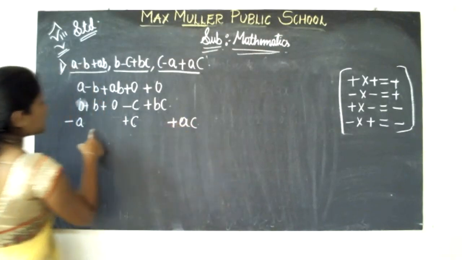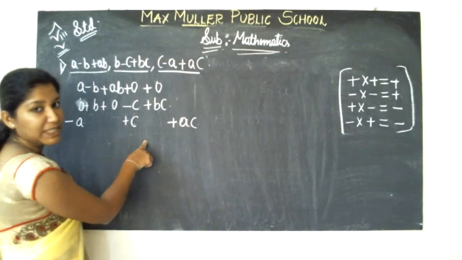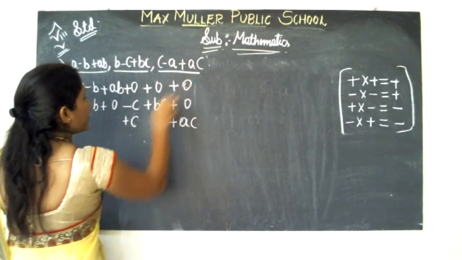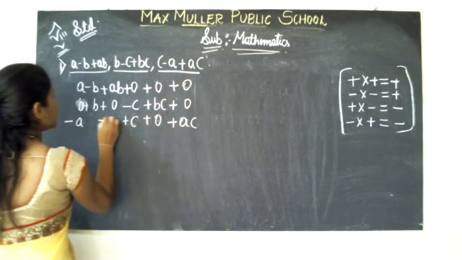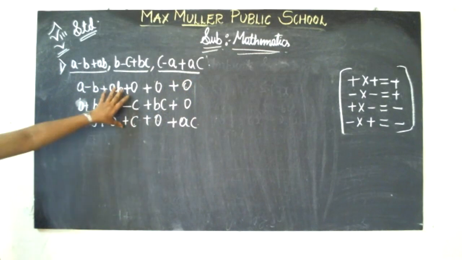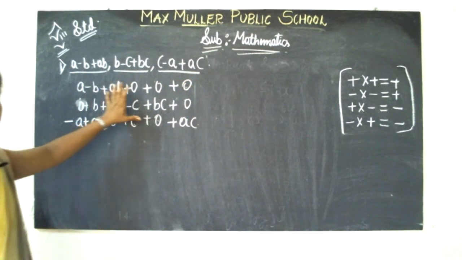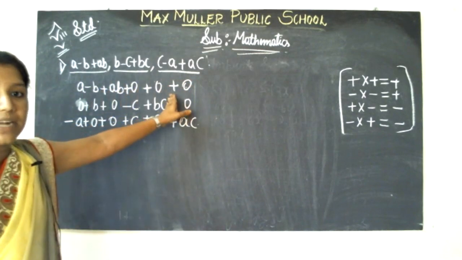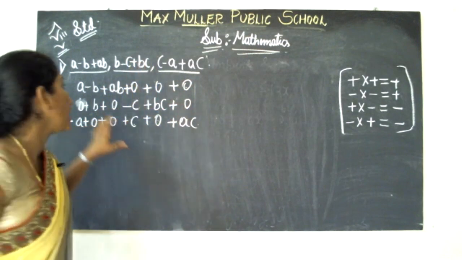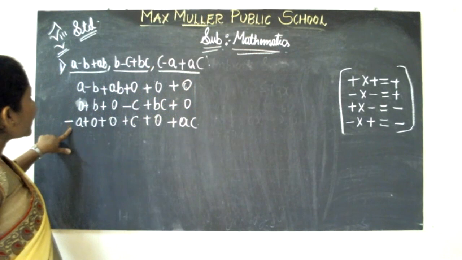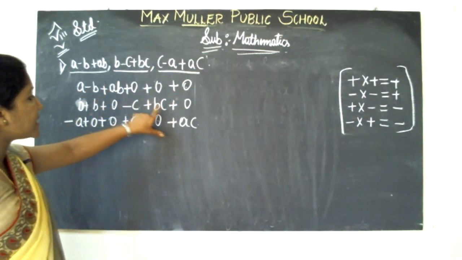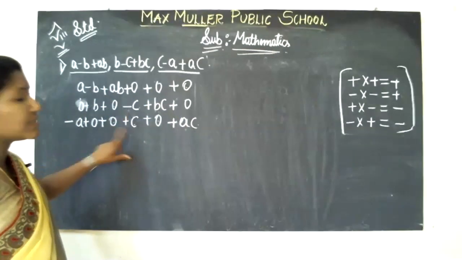There is no AC term or BC term here. I hope you all are understanding it, students. Wherever, under like terms only you have to put. If there are no like terms, write it separately and write 0 where the terms are missing. Now A under A, B under B, AB single term, BC single, AC single, and C under C.